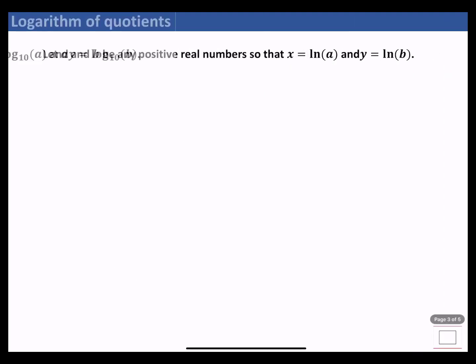Using nearly the same argument, a similar property holds for logarithms of a quotient. Again, let a and b be any positive real numbers so that x equals, well this time, natural log of a and y equals natural log of b. Then we can rewrite these two in exponential form as a equals e to the x and b equals e to the y.